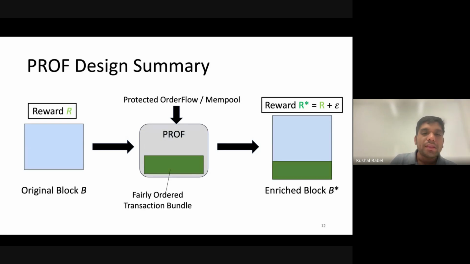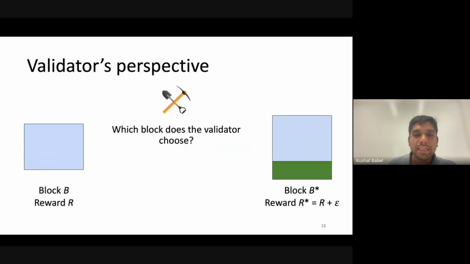Okay. So from a validator's perspective, which block would the validator choose? Would it choose the original block B with reward R, or an enriched block which gives it a slightly higher reward? Well, if the validator is rational, it would, of course, choose the enriched block with the prof bundle.